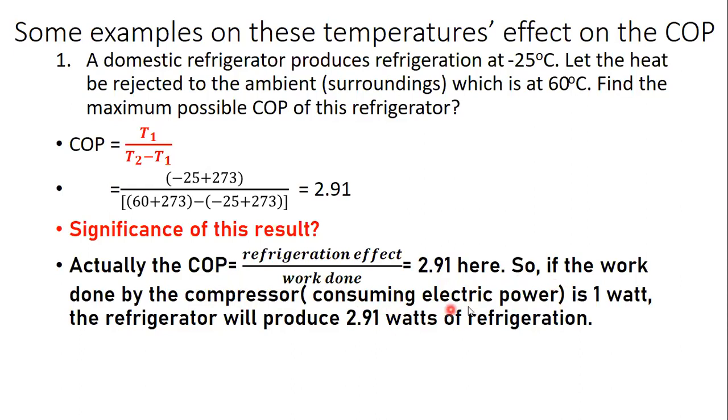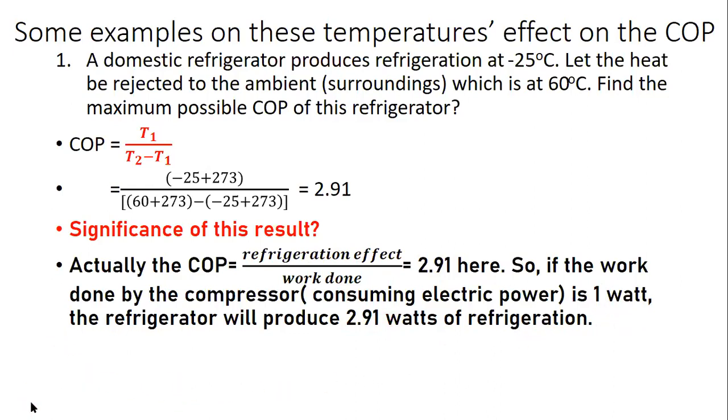Suppose that the electrical power consumption is 1 watt. If the work done is 1 watt, what does this mean? This refrigerator will be producing 2.91 watts of refrigeration. Refrigeration effect divided by work done is 2.91, so if the power consumption in the denominator is 1 watt, the numerator will be 2.91 watts of refrigeration.